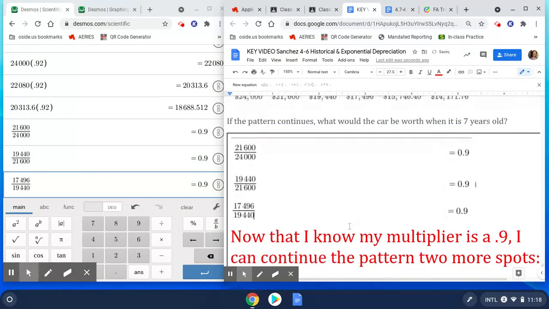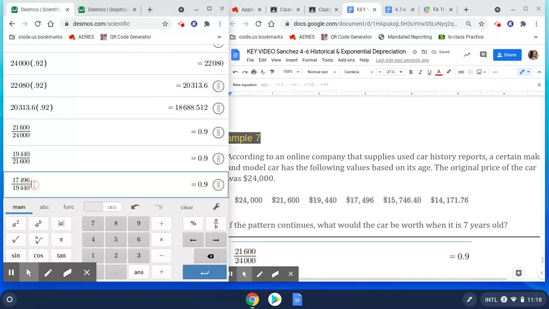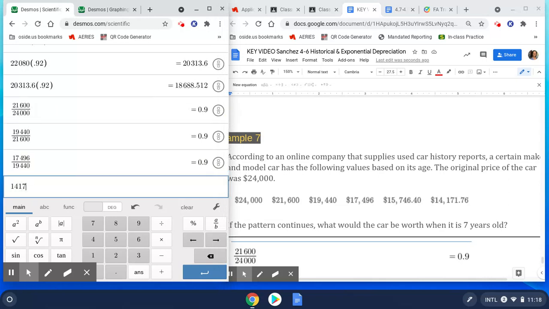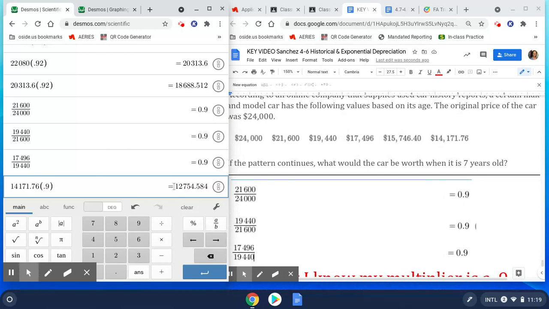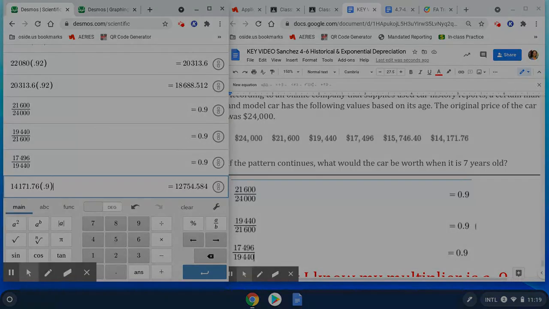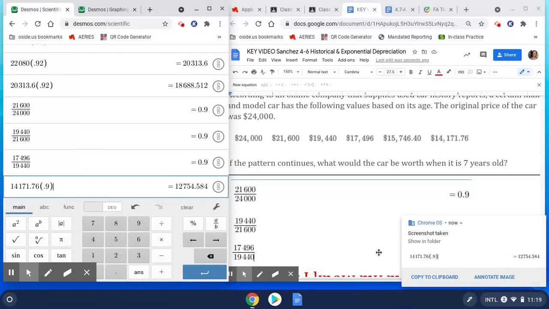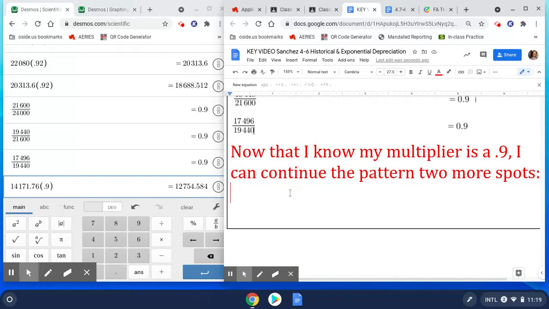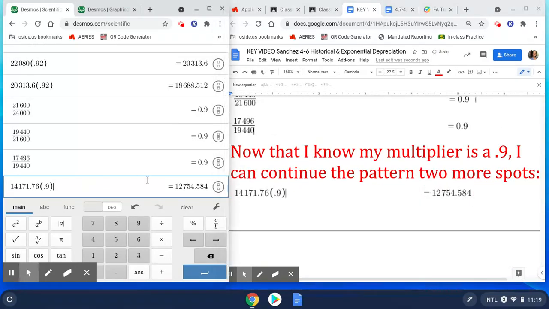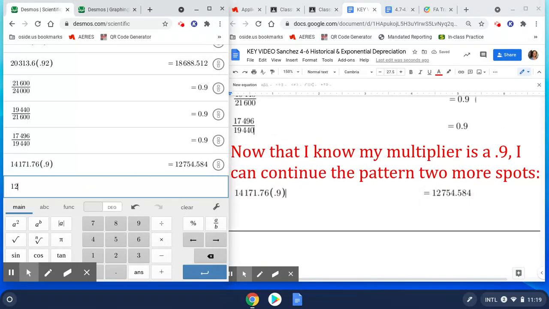So we're going to take the 14,171.76 and multiply it by the 0.9 multiplier, and we get 12,754.58. And then we're going to do that one more time, 12,754 and 58 cents times 0.9.